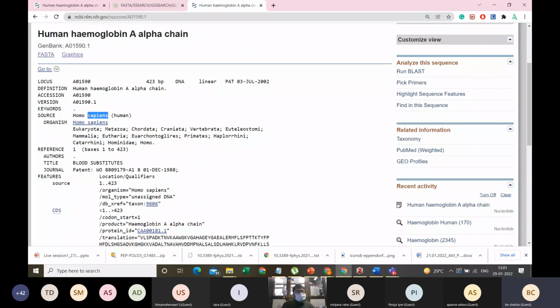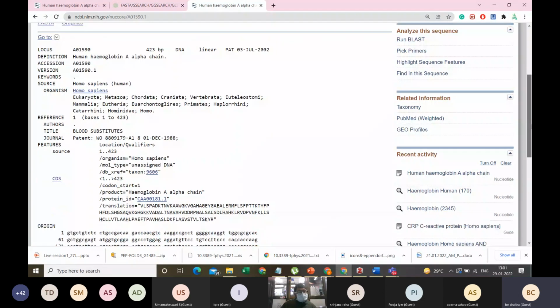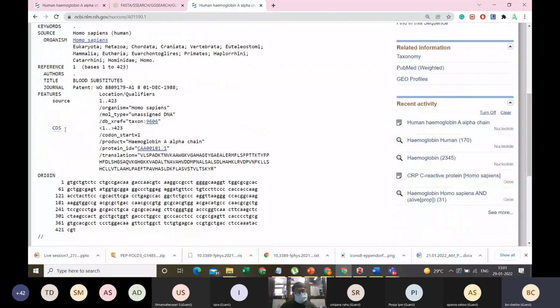The source is Homo sapiens, human. So the organism is Homo sapiens. Bases 1 to 423, it is a 423 base pair long DNA sequence. This is the journal where it has been published. Now it is CDS. CDS means the region of that particular DNA sequence which codes for the protein.